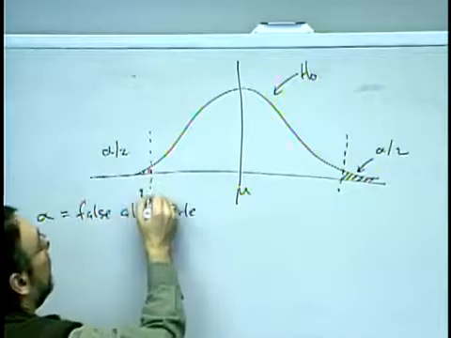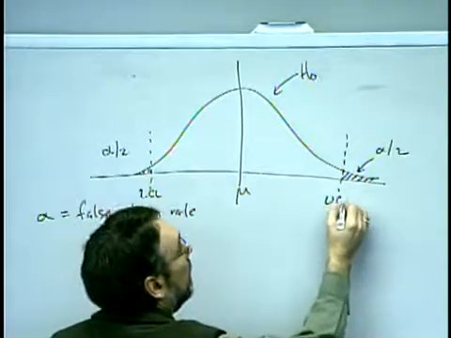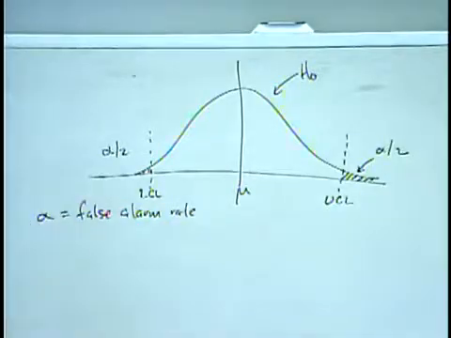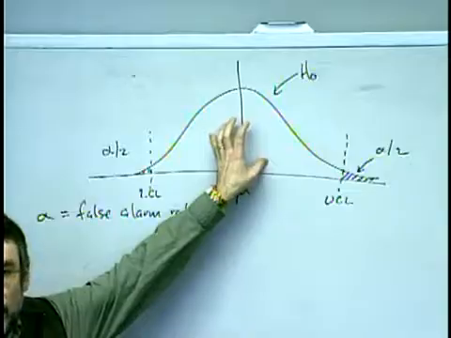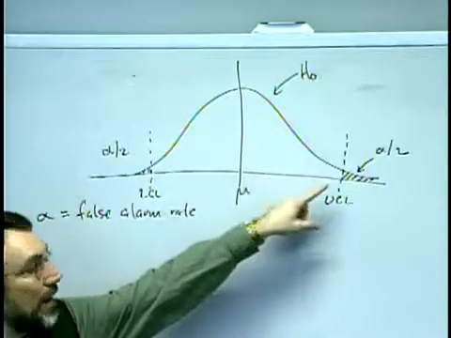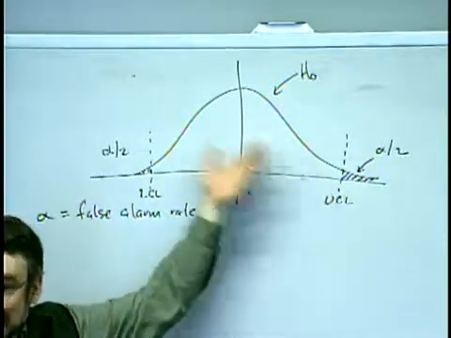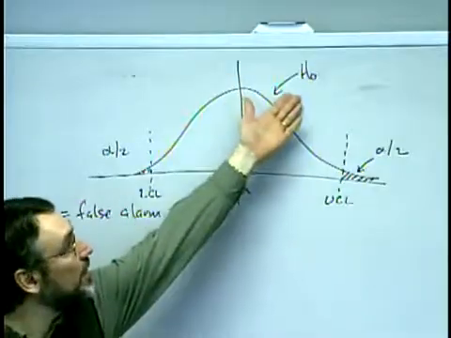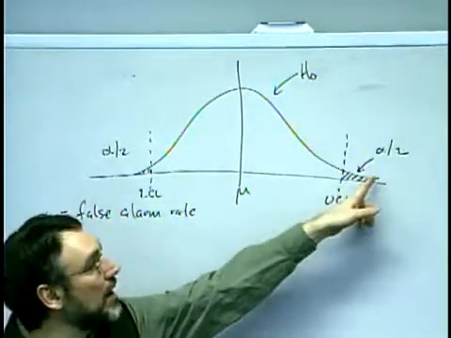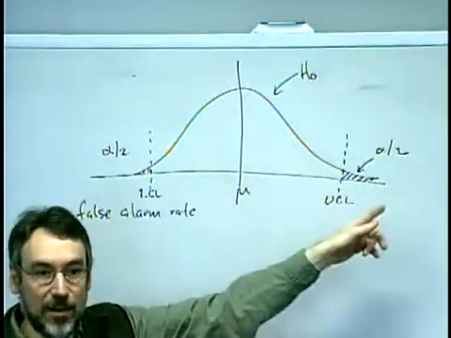Now that's based on this key idea that if we're in control, most of the time the data will be in here. Every now and then, just by random chance alone, even when nothing has changed and we're still in H naught, I do get an unusual point out in the tails.